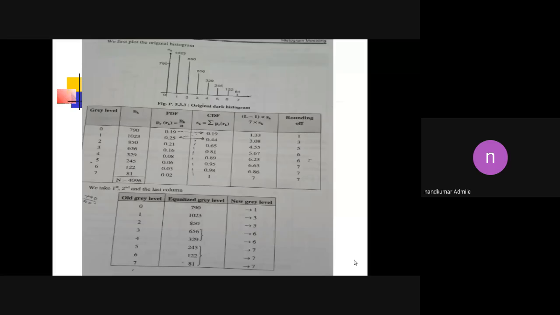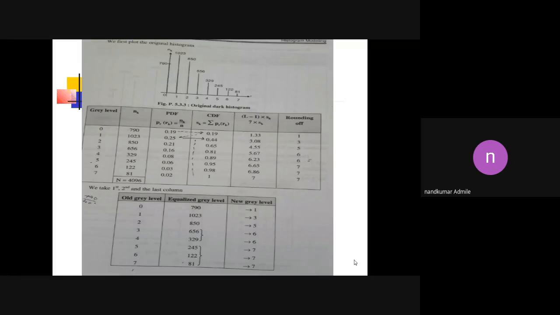And the last column is rounding off. Whatever the second last column value, if the point value is above 50, we consider the next number. If the point value is below 50, we consider the previous number. Here the value is 1.33, so we round off to 1 because it is less than 1.50.